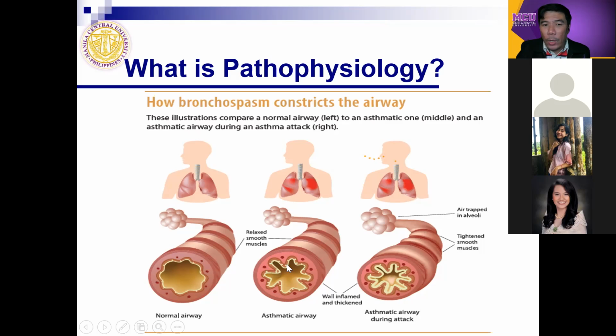It will be more constricted if the person is exposed to allergens, pollutants, or any cause, or a hypersensitivity reaction from drugs or food. It will immediately cause tightened smooth muscles, and air will be trapped in the alveoli.